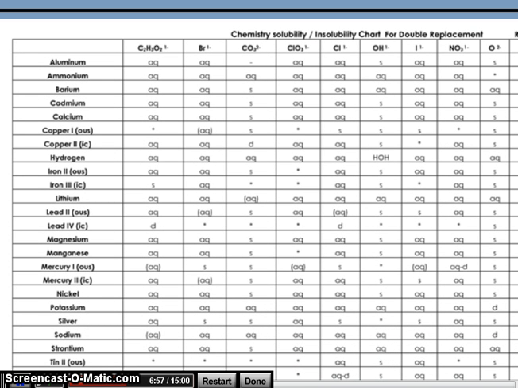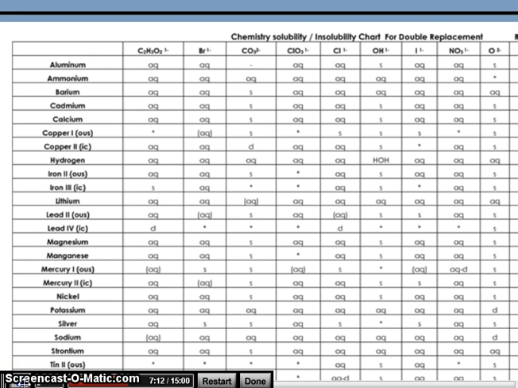When I take a look at the chart, you'll see the left side, the metal, is organized alphabetically, and then across the top we have our ions. So first I'm going to find sodium combined with the bromine. This product would be aqueous.